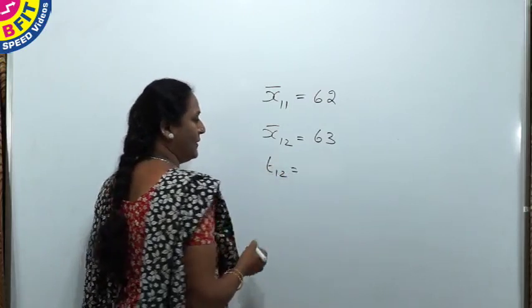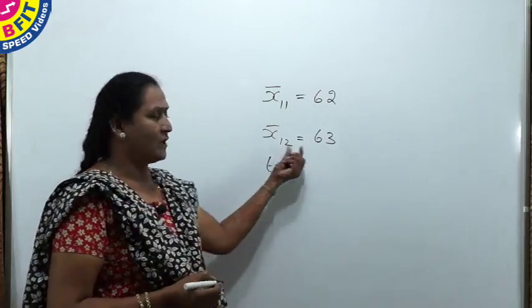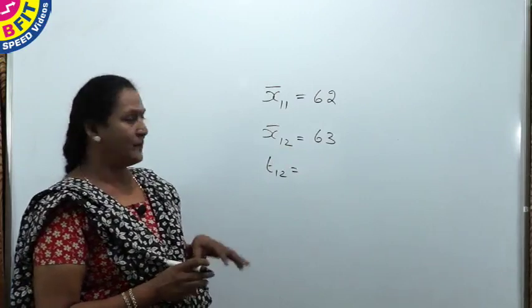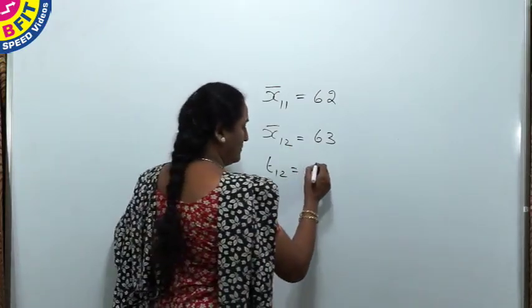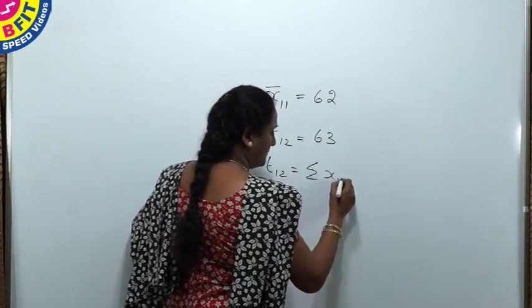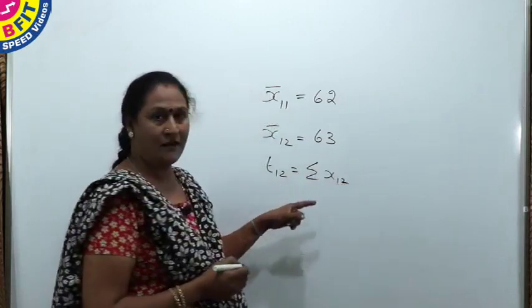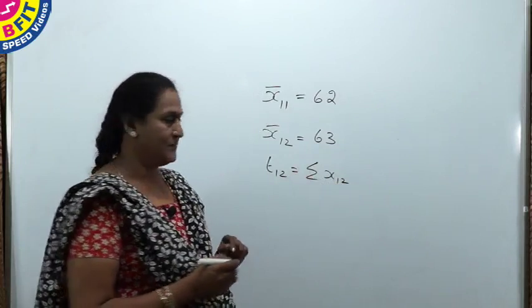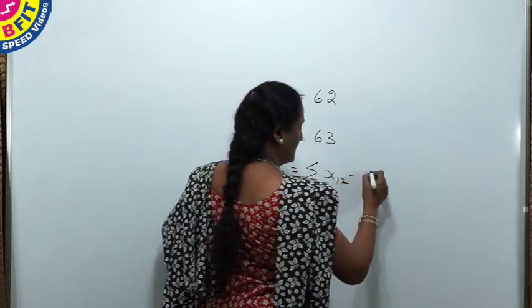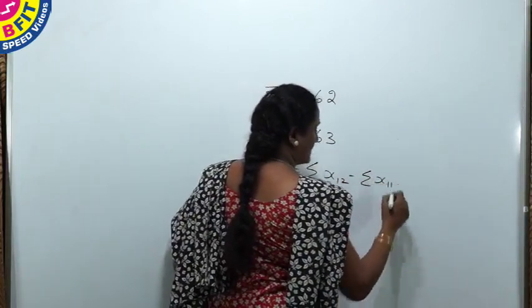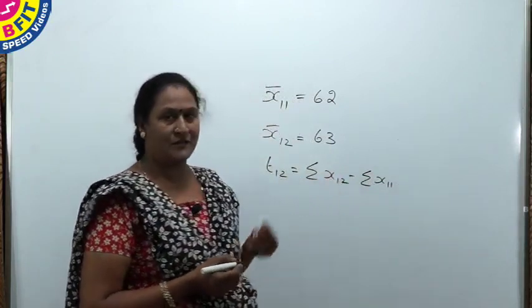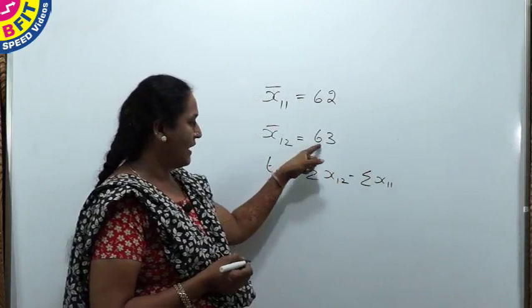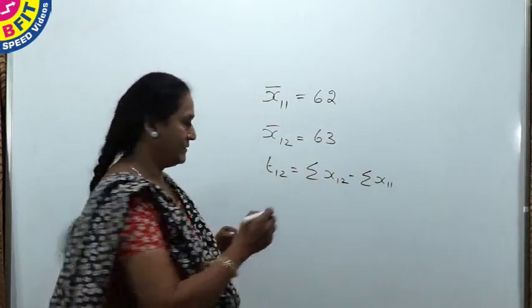To find the 12th term, we find the sum of 12 terms and then from that subtract the sum of 11 terms. So sigma x12 represents the sum of 12 terms minus sigma x11, which is the sum of 11 terms. The sum of 12 terms is got by multiplying the average with the number of terms.